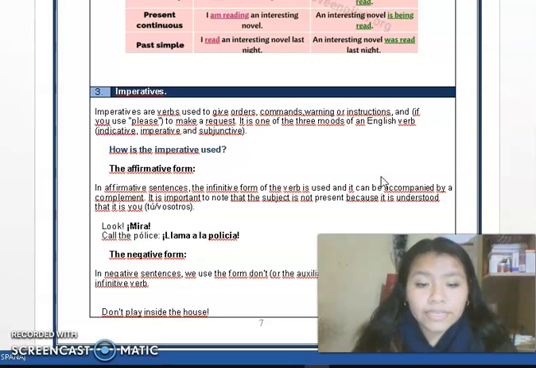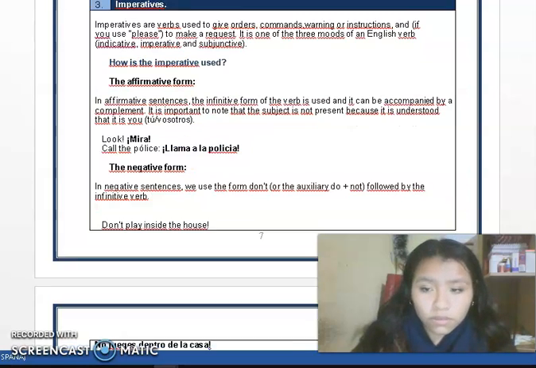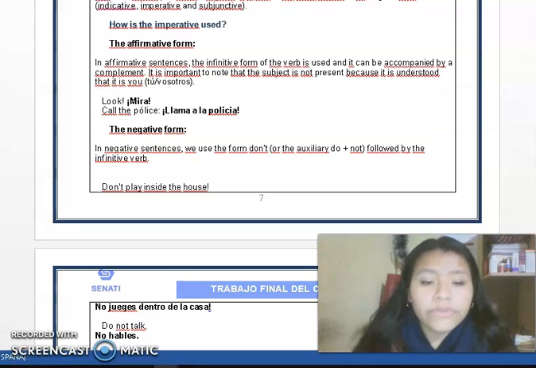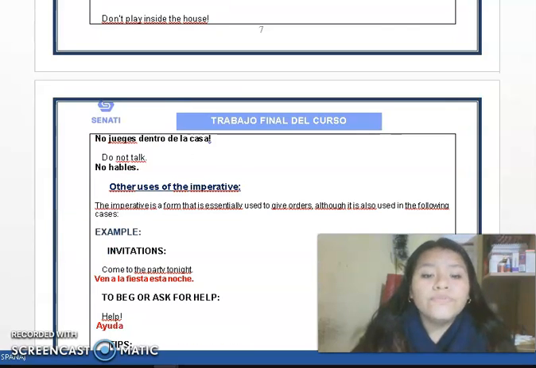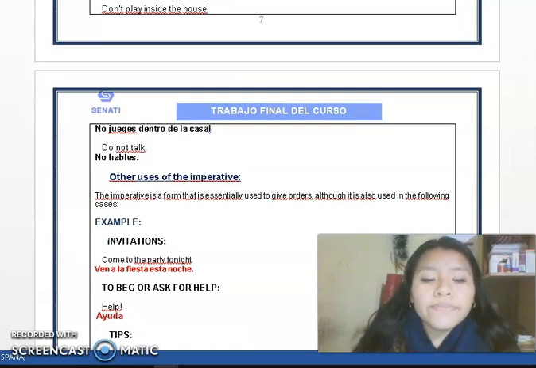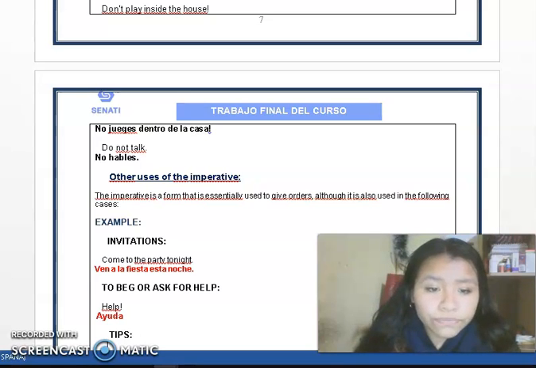It is a form that is essentially used to give orders, although it is also used in the following cases. Example: invitations, come to the party tonight; to beg or ask for help; tips, be polite to your father.